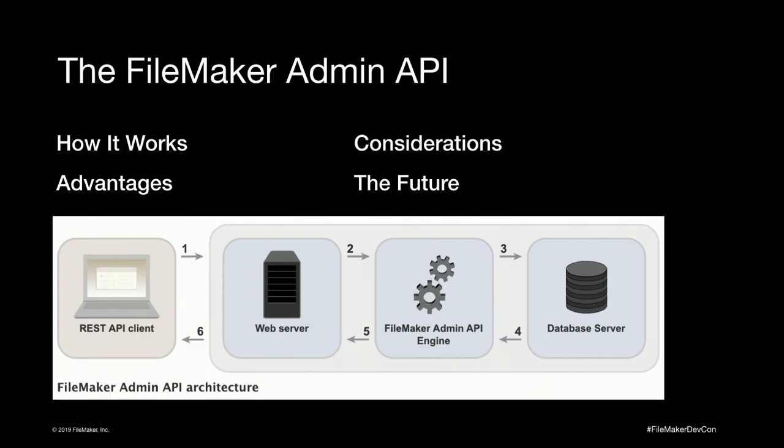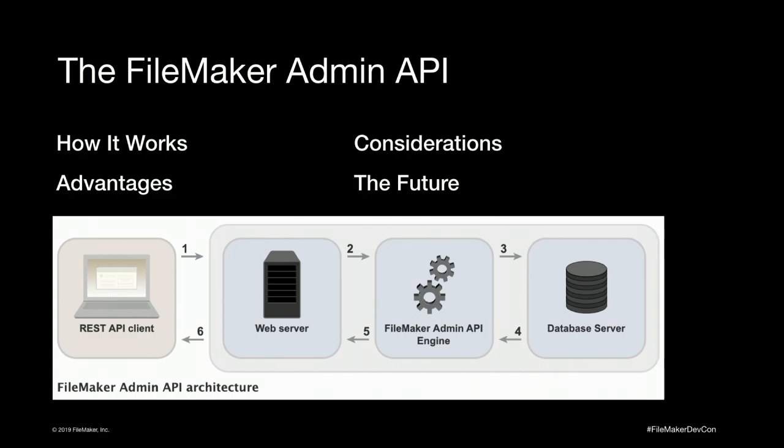Or if you're on an on-premises server, you might have to log into that server directly to figure out what's wrong. So it's not going to be able to take every single admin task that you need to do. Because, again, if communication is broken, if either that web server or the admin API engine is broken, then you're going to have to still do maintenance. So it's not a cure-all for everything. But I think very much that you can do 90% or more of all of your administrative tasks with the admin API today.